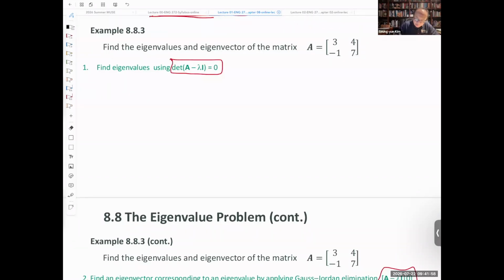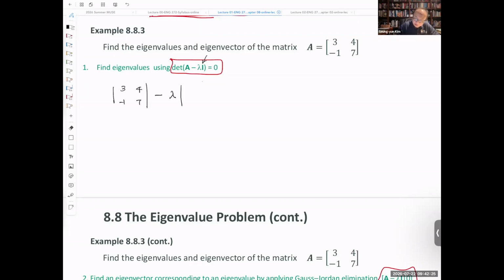What we need to do is take the determinant of this. That means we have A as 3, 4, -1, 7 minus lambda times I, right? That's the identity matrix.